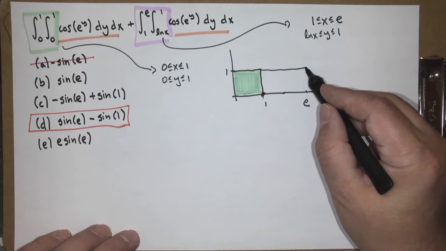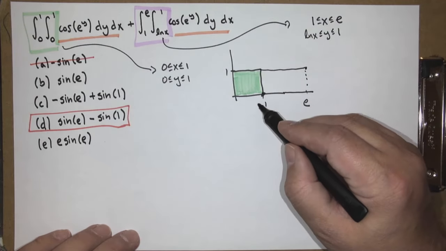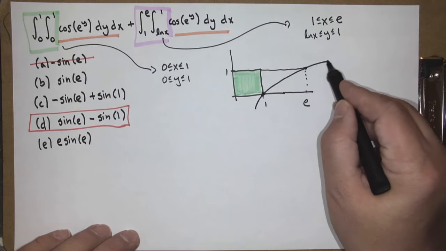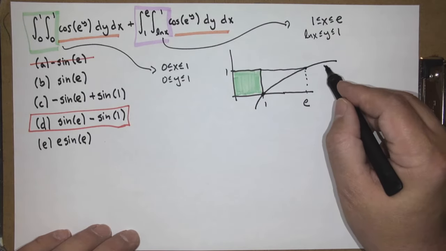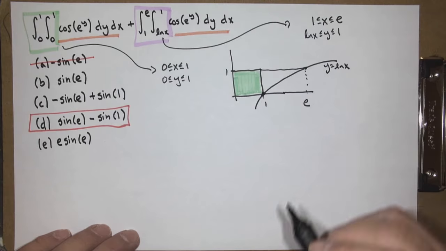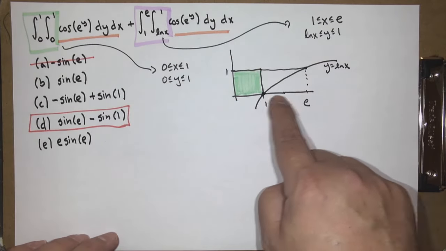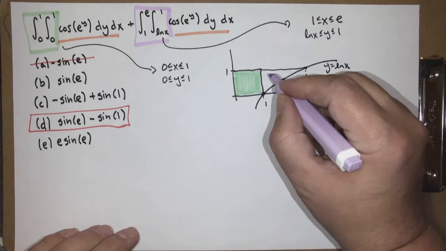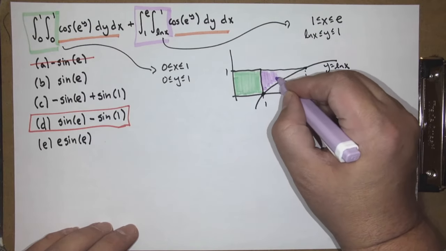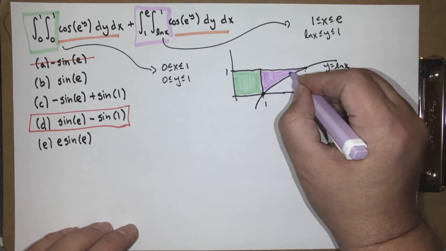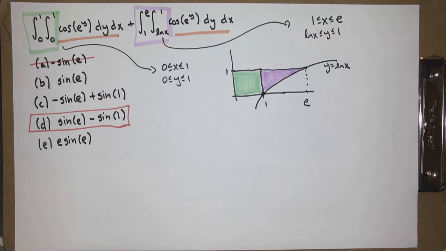Also very convenient. So the log function is doing that. So this is our y equals log x. So from 1 to e, we're going from log x up to y. That means we're doing this.